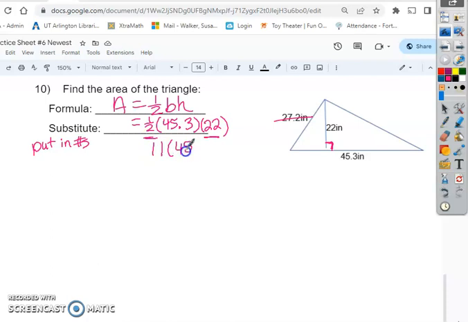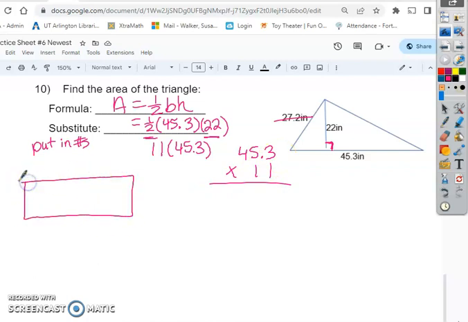And then multiply by 45.3. Now the good news is at this point you're only multiplying by a 1, right? And then you'll count over the spaces. Put your answer in this box with the units. Okay? Guys, I hope you are doing these problems one by one.